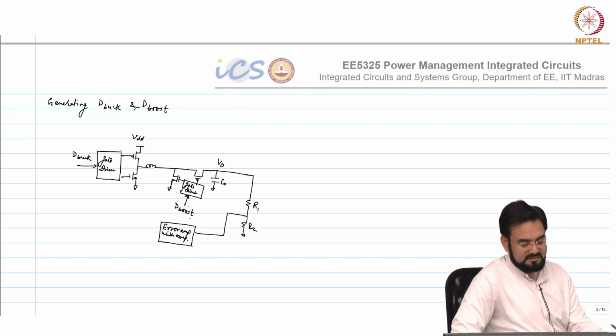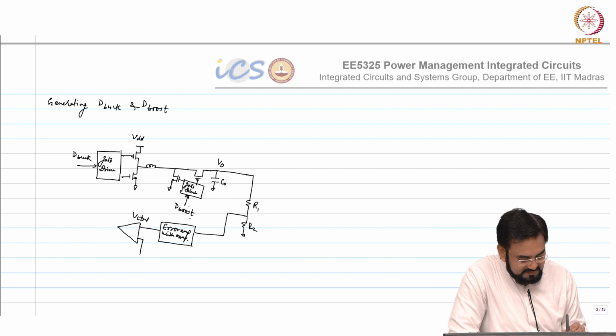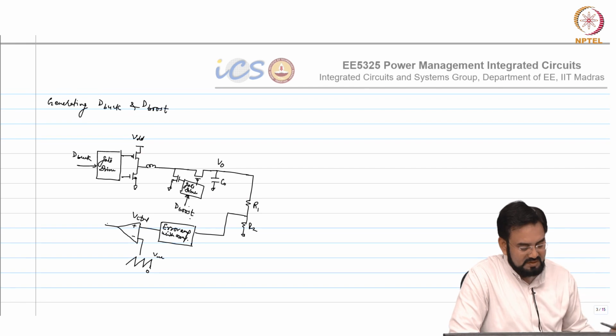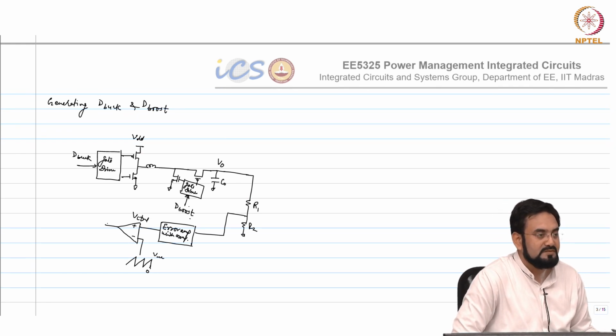Okay. So this will give you control voltage. If you compare this with a sawtooth, which is let us say 0 to VM, what will you get? A PWM. This is what your buck was, huh?